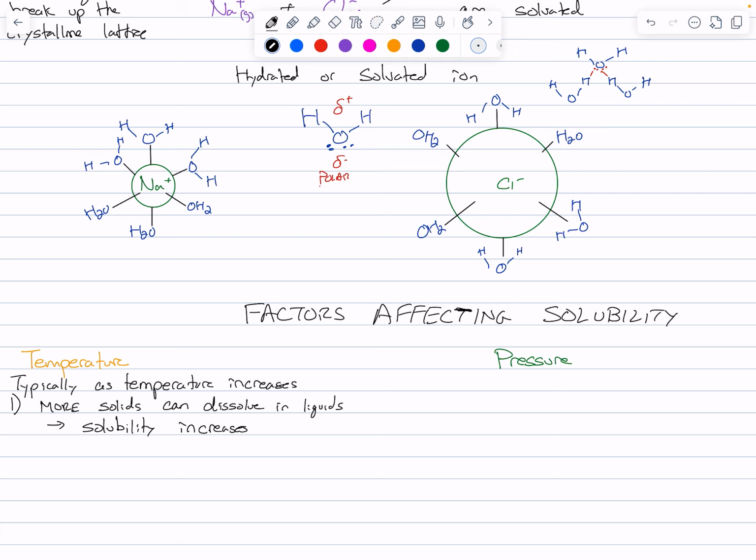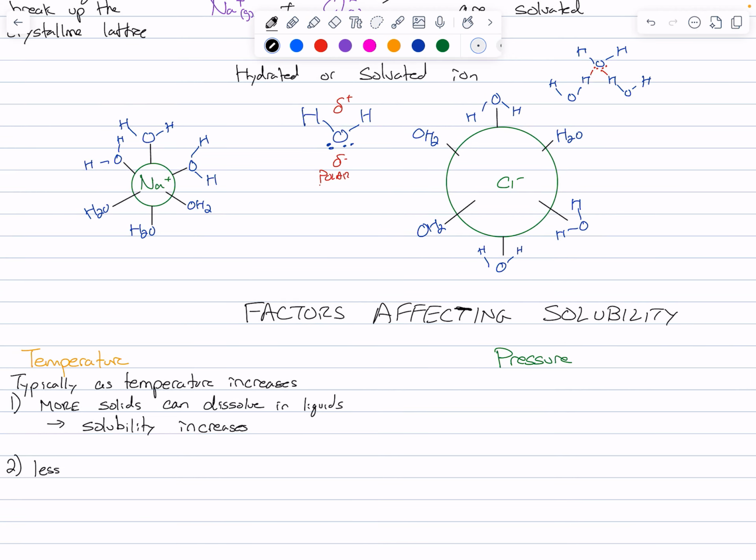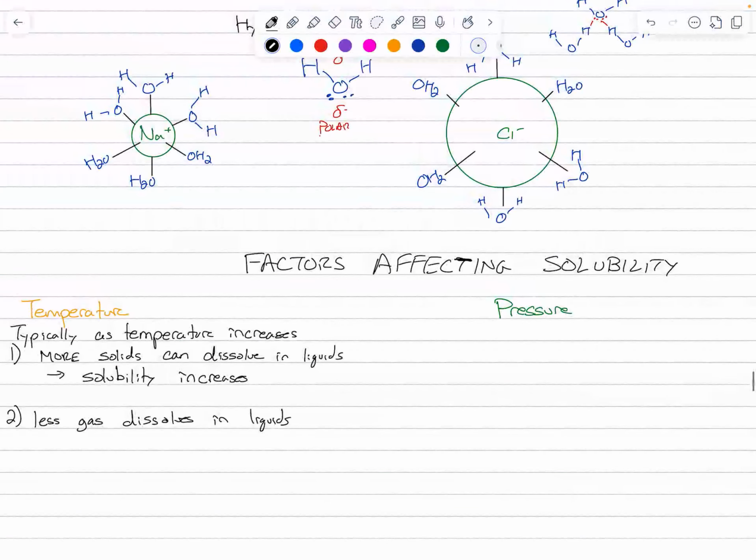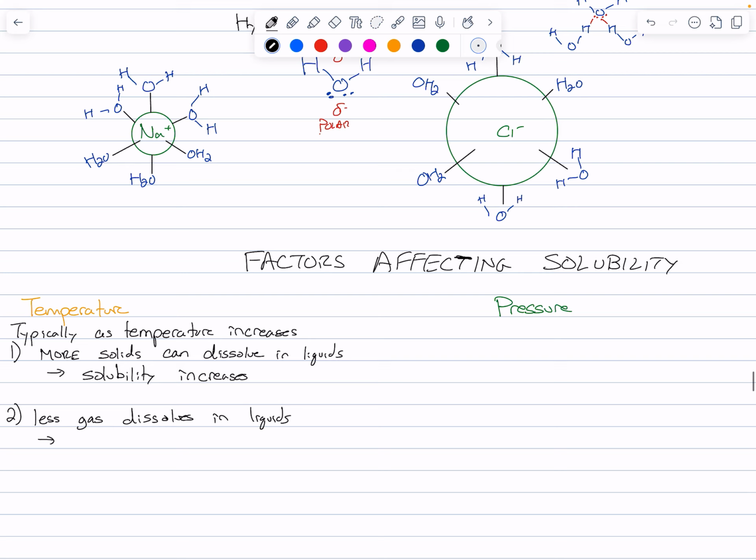Now, the other temperature dependent is for gases, typically, right? Less gas dissolves in liquids as the temperature increases, right? Solubility tends to decrease.